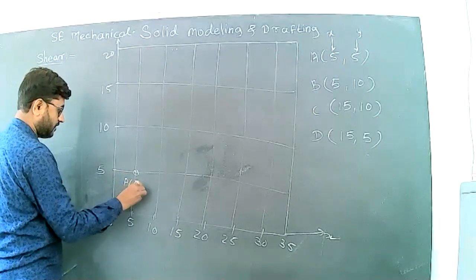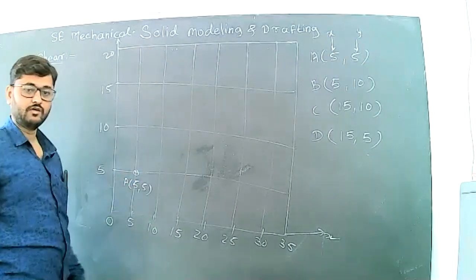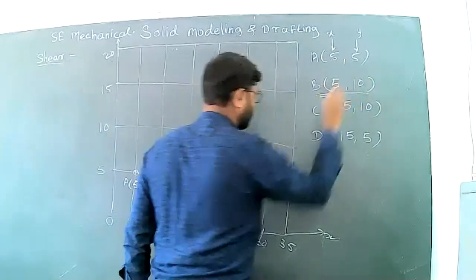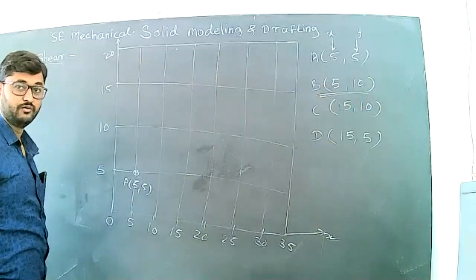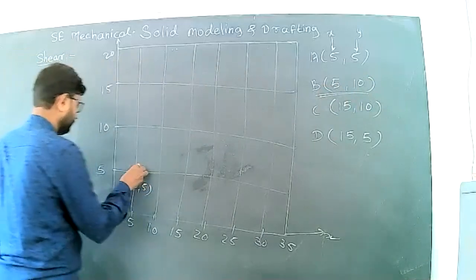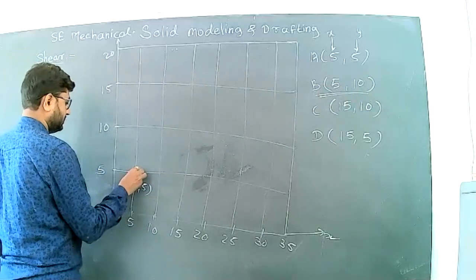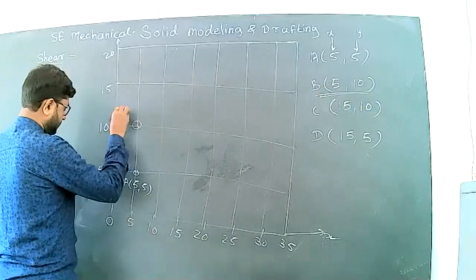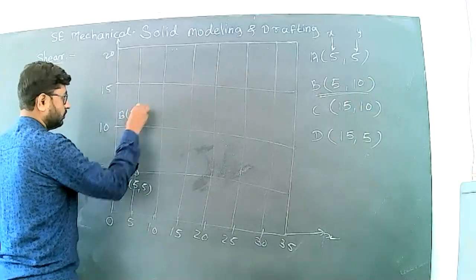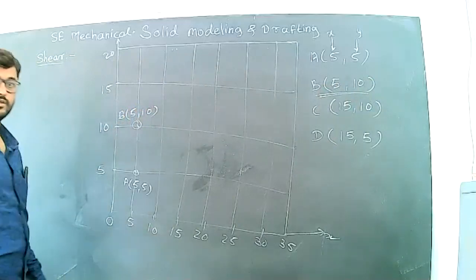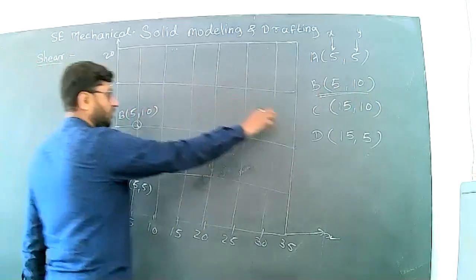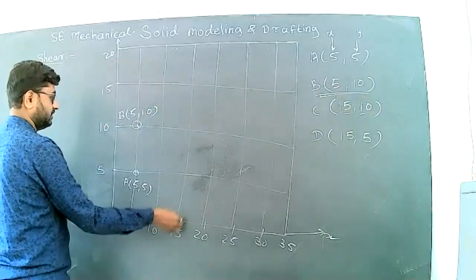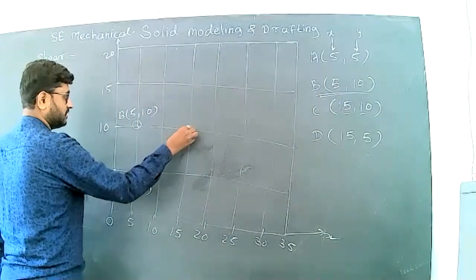This one is our point A. Point B has coordinates (5, 10): x is 5 and y is 10. Point C has coordinates (15, 10): x is 15 and y is 10.